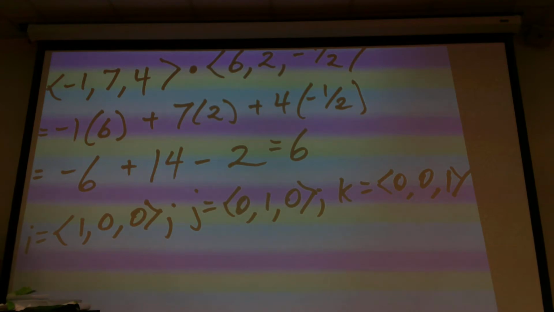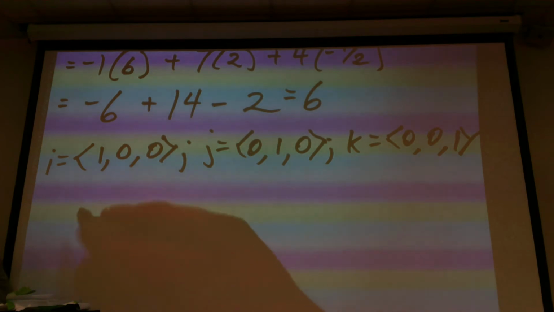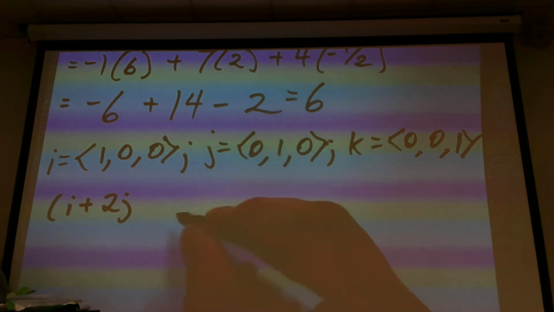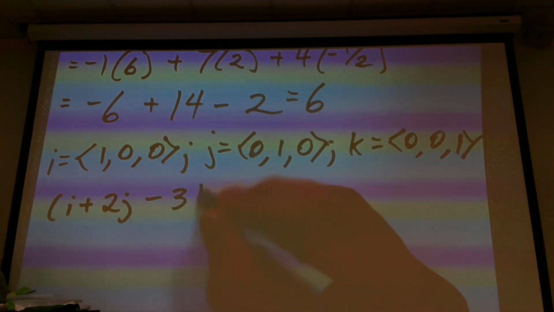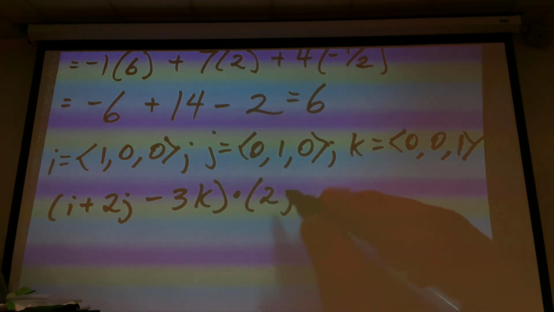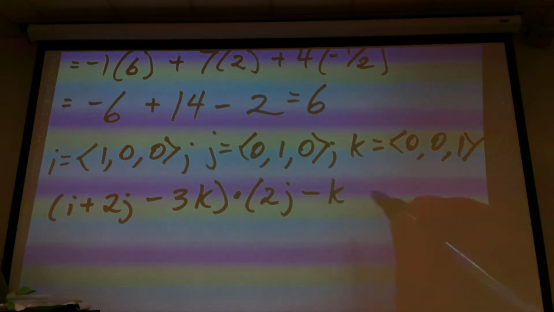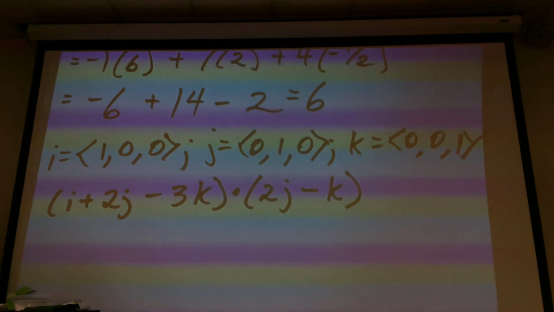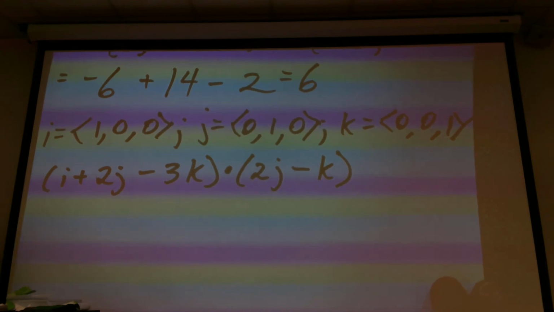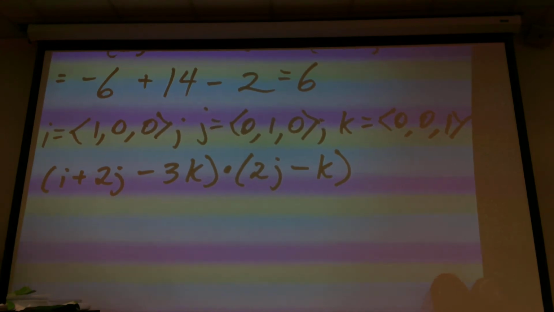Okay, so let's look at an ijk notation of doing the dot product. Let's say we had i plus 2 times j minus 3 times k, and we're going to dot this with 2j minus k. So we're going to associate the i's, the j's, and the k's with each other.